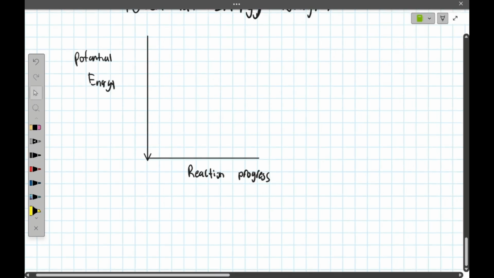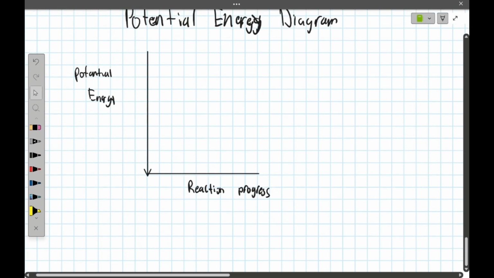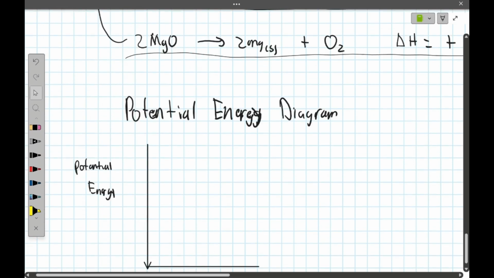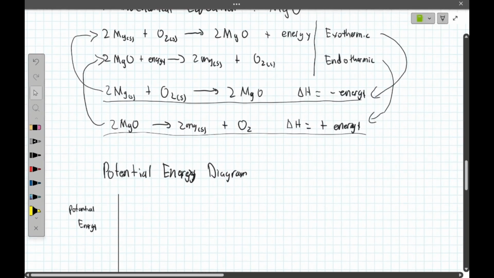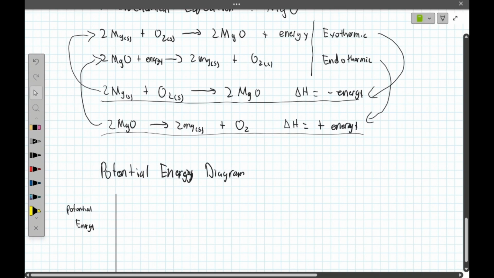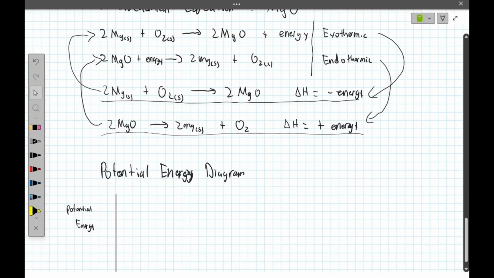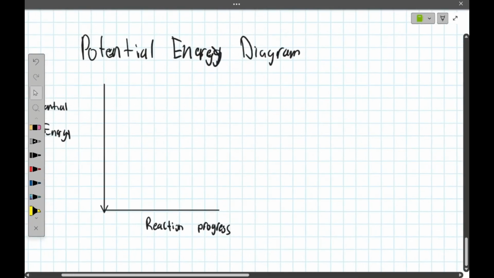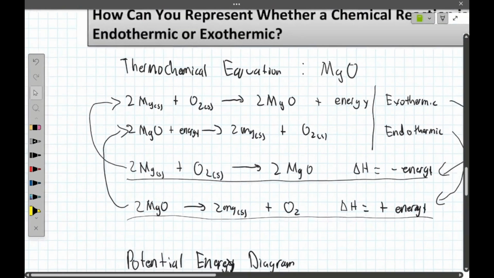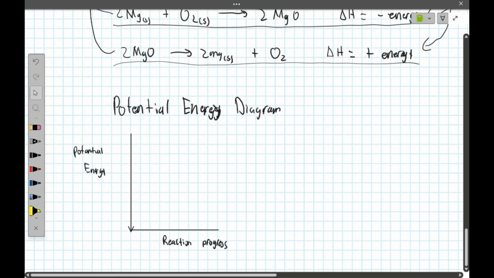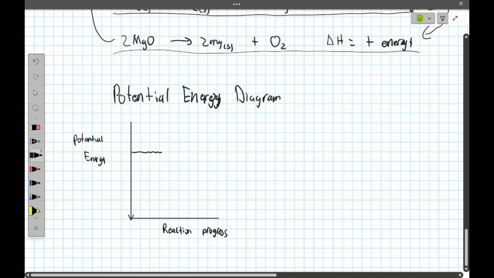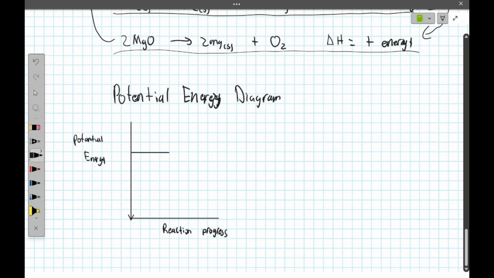So, let's say for example, we are given the exothermic reaction of Mg plus O2 turning into MgO. So here, we know that it starts with high energy, and then it drops down because it's an exothermic reaction.